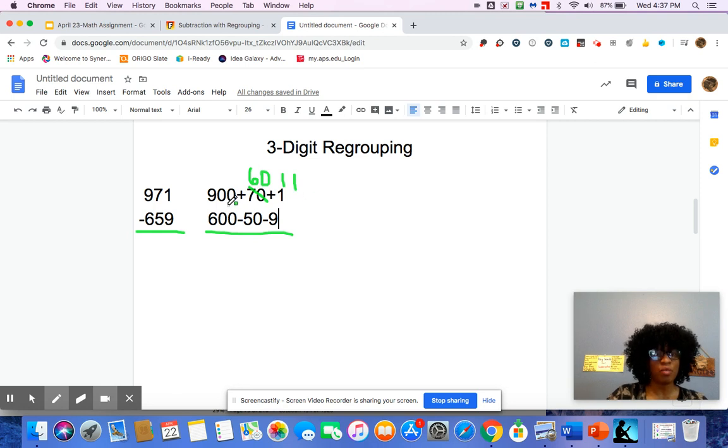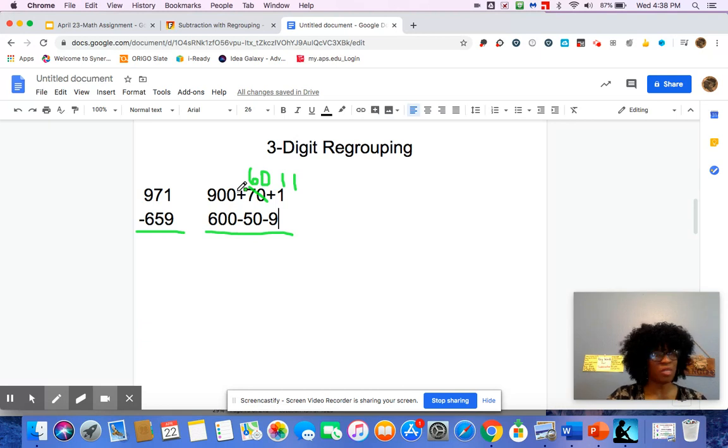Okay? So now, if you realize here, I haven't changed the value up here. I've just changed what it looks like, okay? So we still have 900 plus 60 plus 11, which still equals 971, but it gives you this different picture of what that number looks like, right?